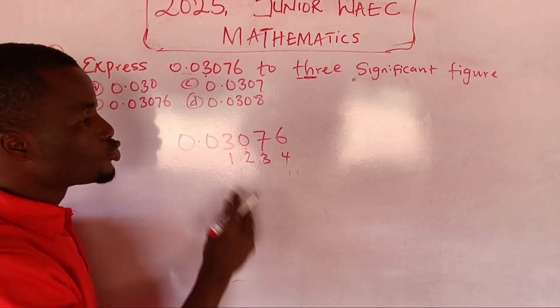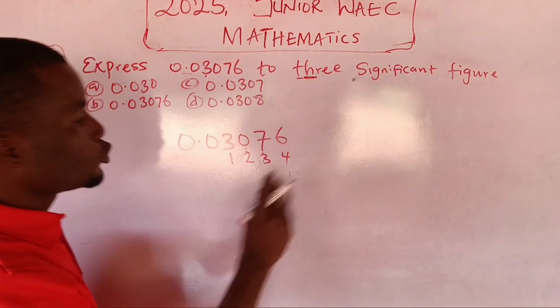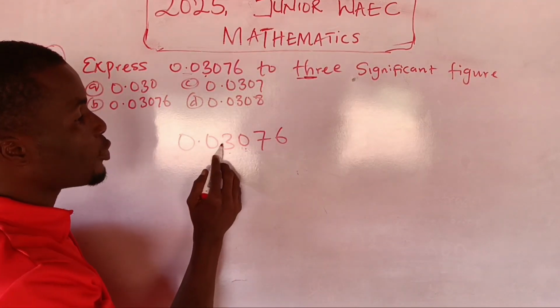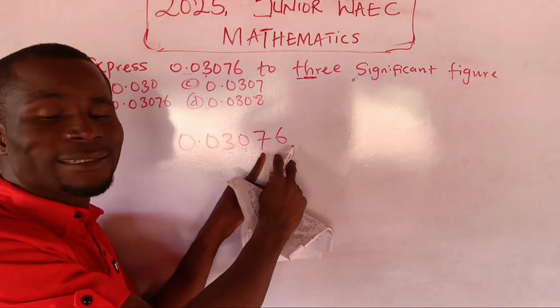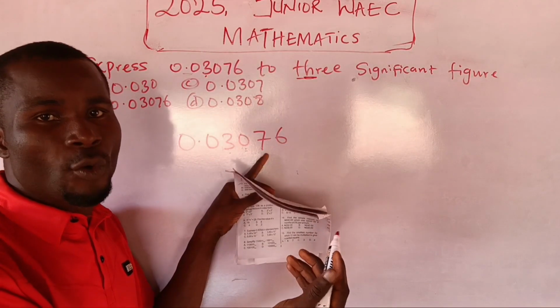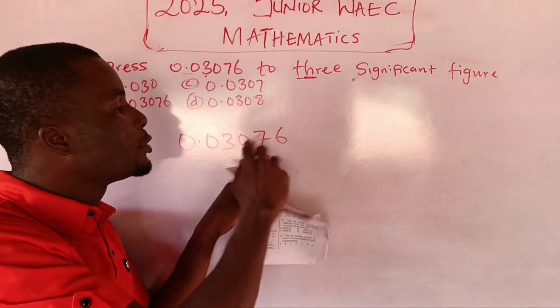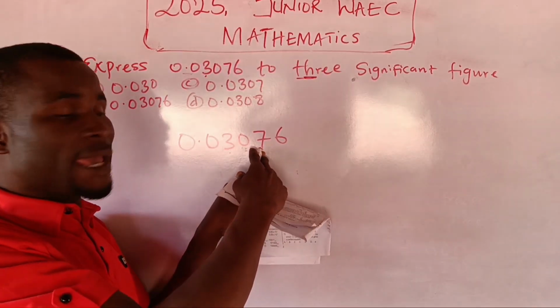Are you following? And what they ask us to look for is 3 significant figure. So right now, to get your 3 significant figure, you count 1, 2, 3.